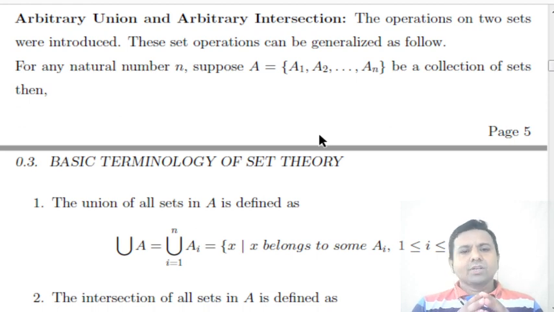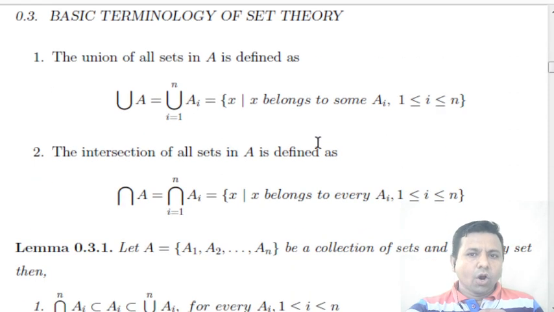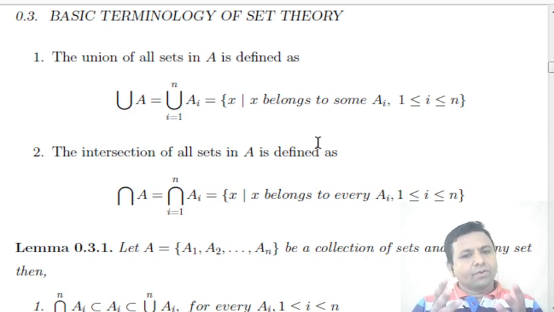For any natural number n, suppose A equals {A1, A2, A3, up to An} be a collection of sets, then the union of all sets in A is defined as the union of A, or we can say the union of Ai, i running from 1 to n, equals the set of all x such that x belongs to some Ai, 1 less than or equal to i less than or equal to n.